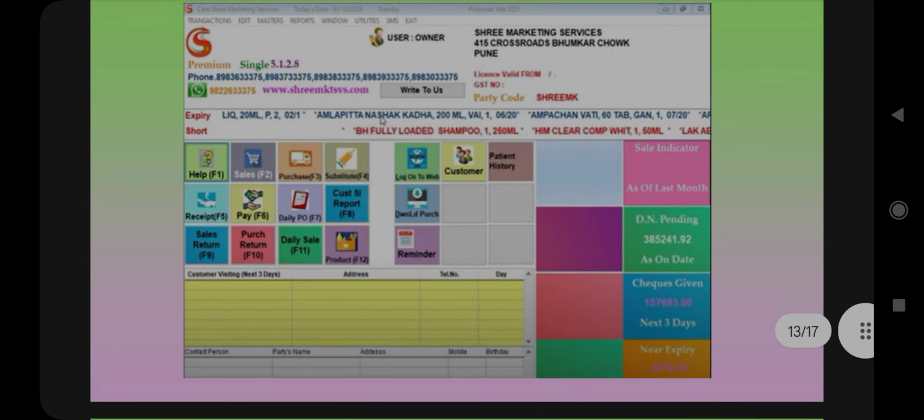This is the image I have taken. Here you can see the options and keys mentioned. We can use these keys or the mouse: help, sale, purchase, substitute F4, receipt F5, pay F6.